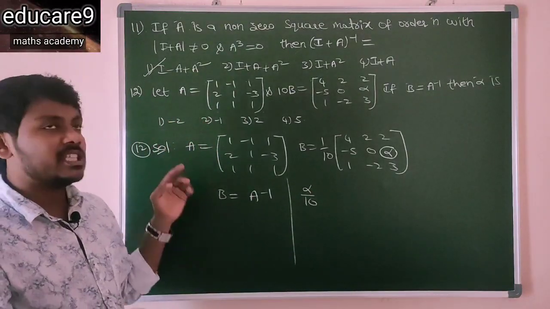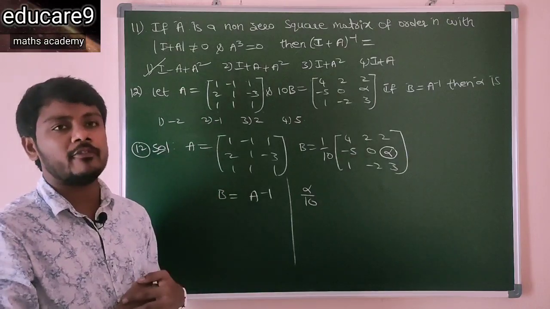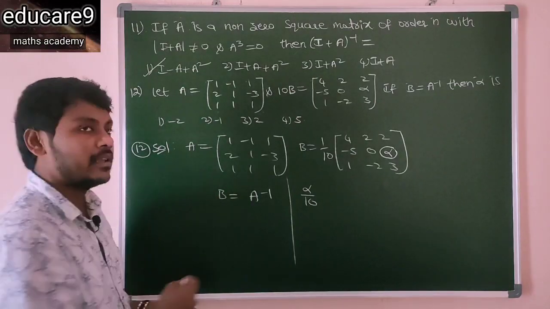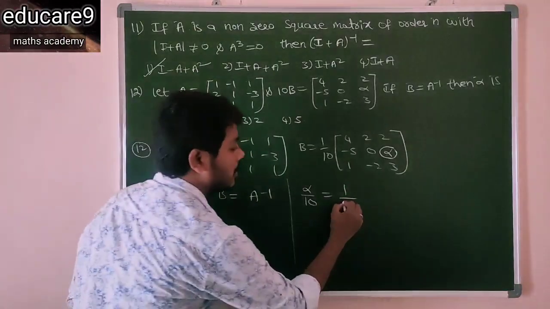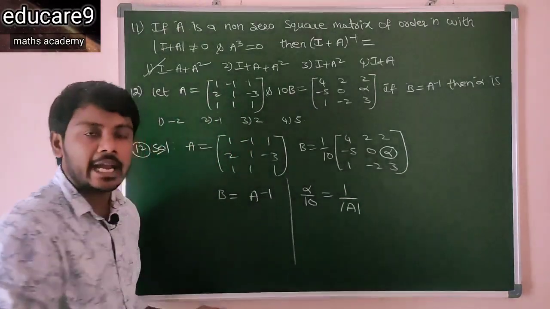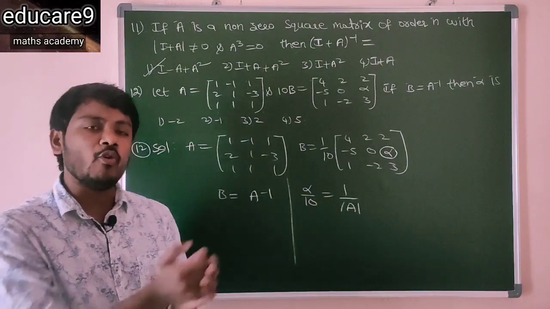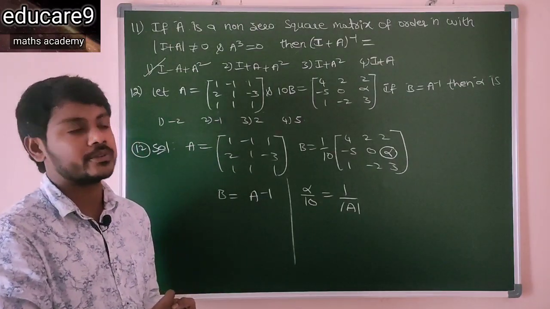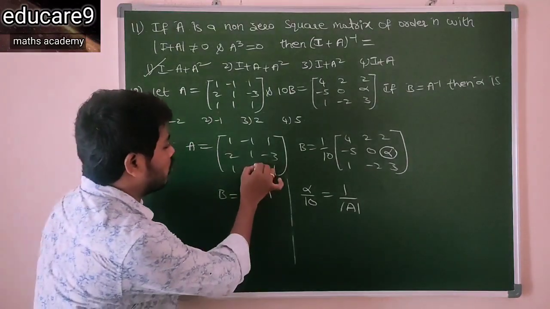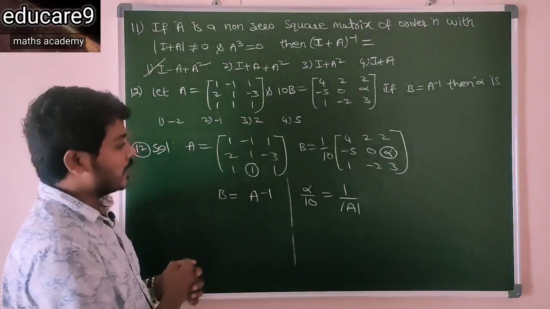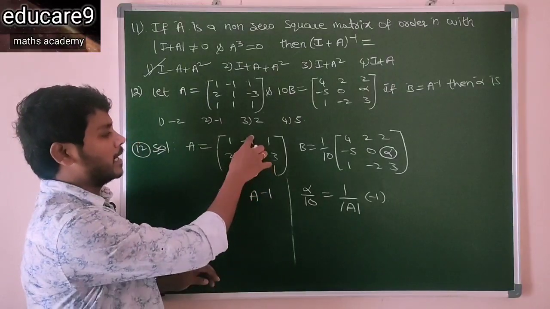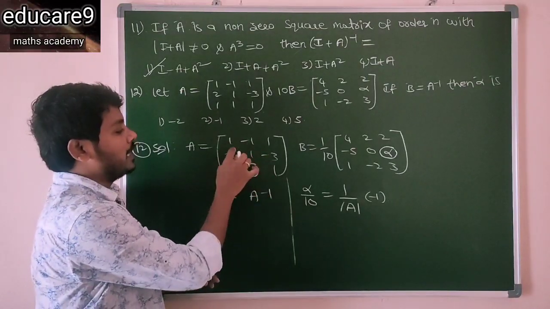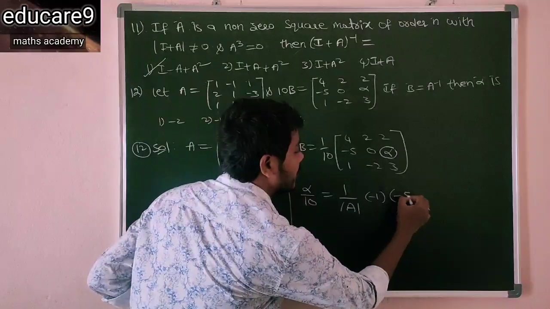But here A inverse is 1 by determinant of A into adjoint of A, that is cofactor of A whole transpose. So clearly you can find the cofactor of 1. So what is that? Minus 1 into, delete the corresponding row and column, minus 3 minus 2. So minus 5.